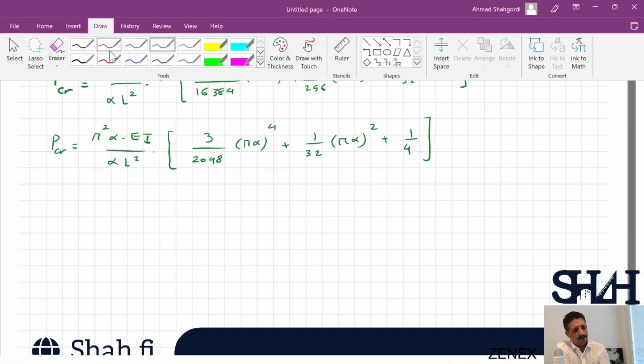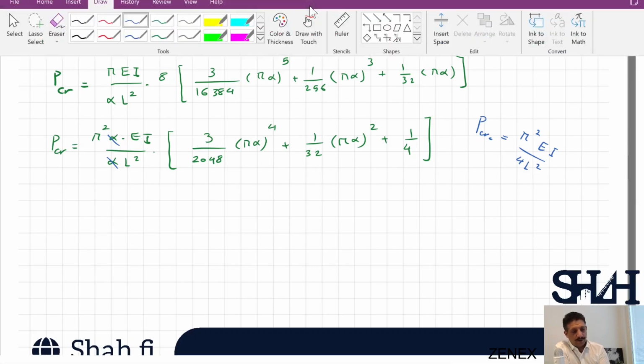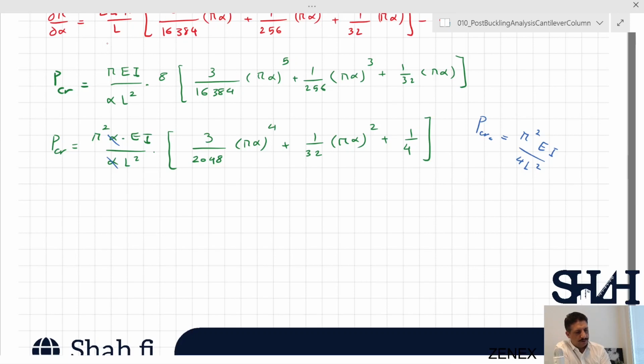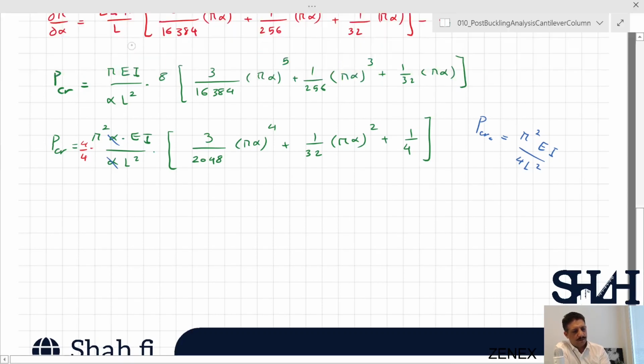And alpha can be crossed. So then referring to P critical 0, it was pi squared EI over 4L power by 2. So if I multiply this with 4 over 4, then I will have 4P critical 0.